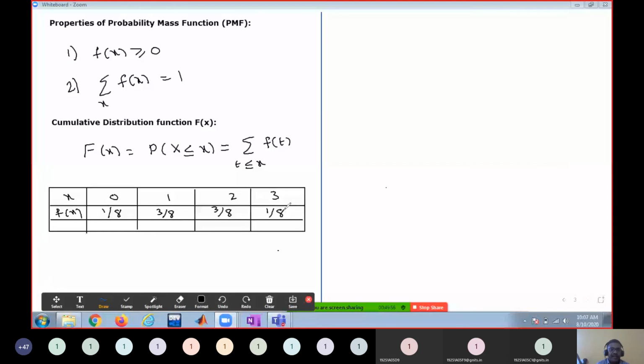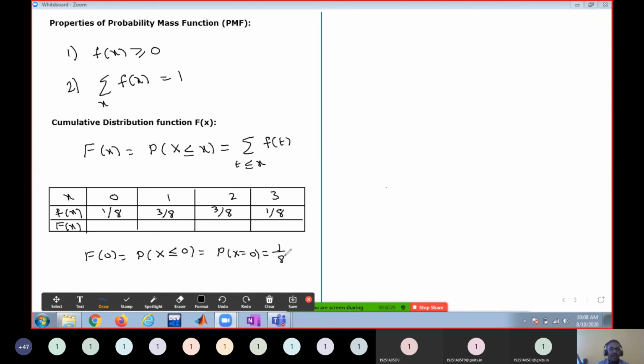As the name suggests, what do you mean by cumulative probability? Sum of the probability values up to x. So what do you mean by capital F of 0? F of 0 means the probability that X is less than or equal to 0. In this case, that is nothing but the probability of X equal to 0, because there is no negative value.